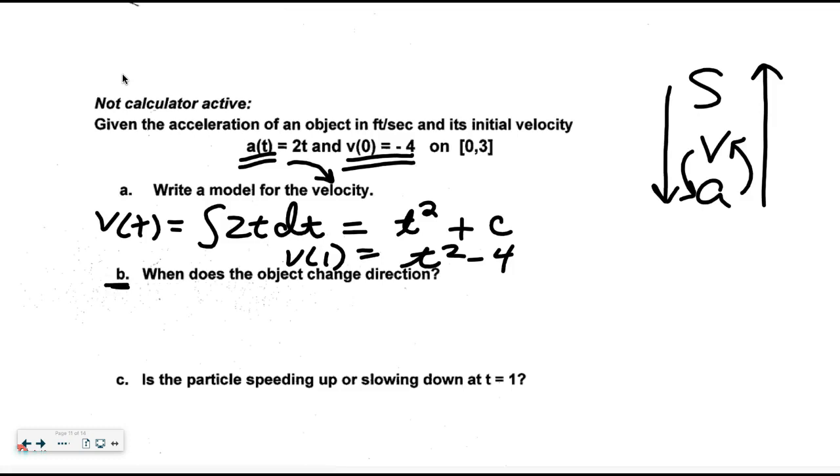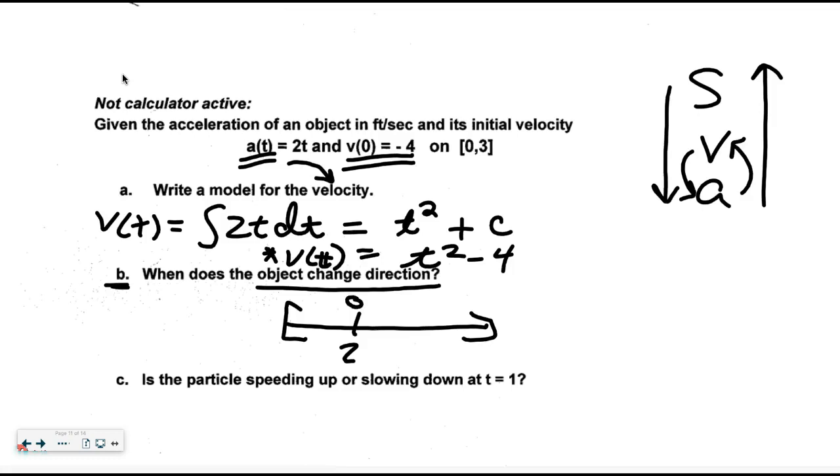When does the object change direction? That's a question about velocity, and I have the velocity model right here. To figure out where it changes direction, you need to know where it's equal to what? 0, yeah. So go ahead and put your velocity line on here. I'm not testing can you factor or anything. This is all about do you understand the movement.